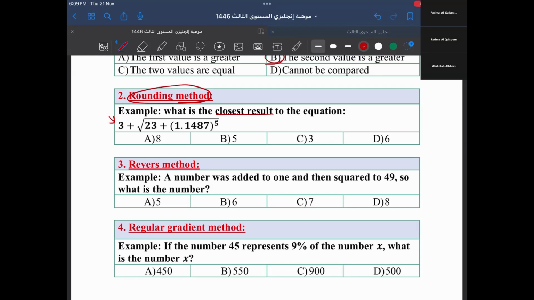This 1.1487, we do not really need to know exactly what it equals to the power of 5. We can round it to 1. So here, we're going to have 3 plus the square root of 23 plus only 1 to the power of 5. We do not need to know about this addition.